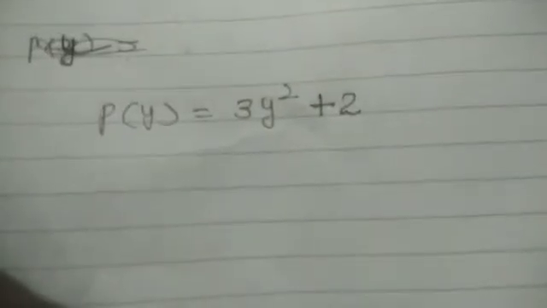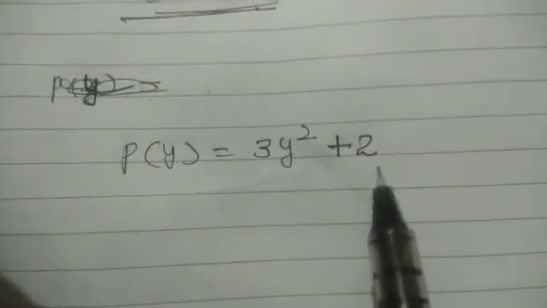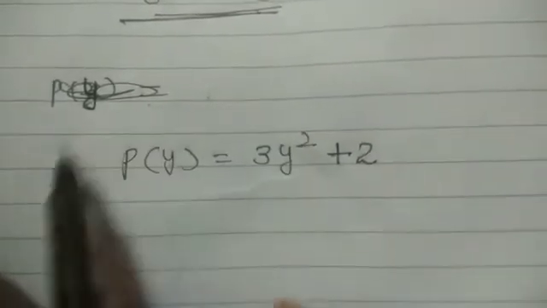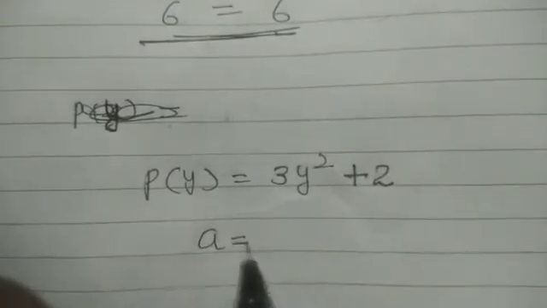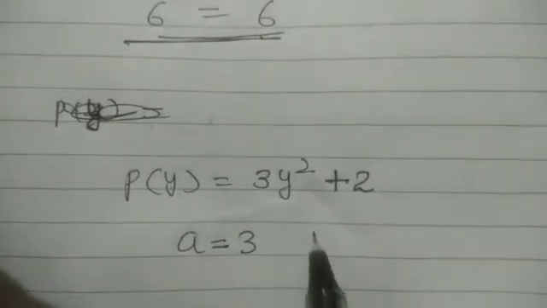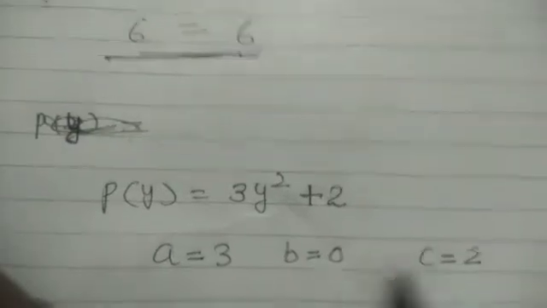Now I am taking one more example. Suppose we want to verify the relationship between zeros and coefficients of this quadratic polynomial. You can see in this quadratic polynomial here a equals 3, b is 0 and c equals 2. Why is b 0?